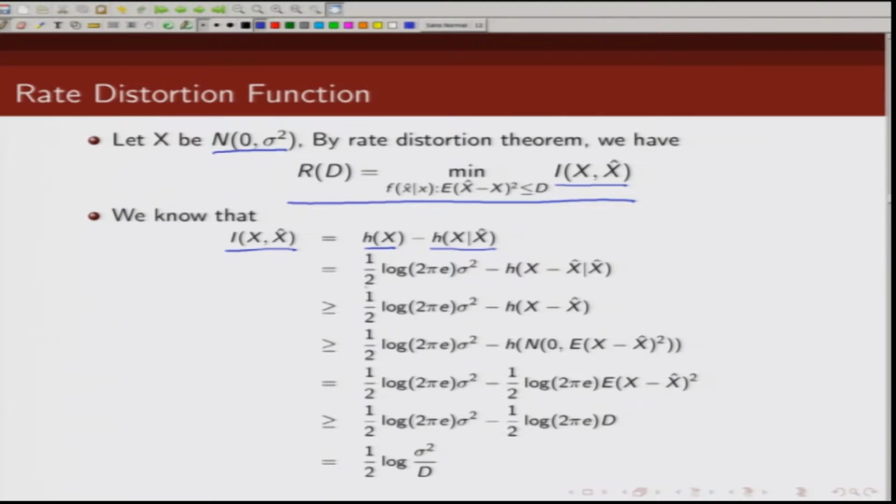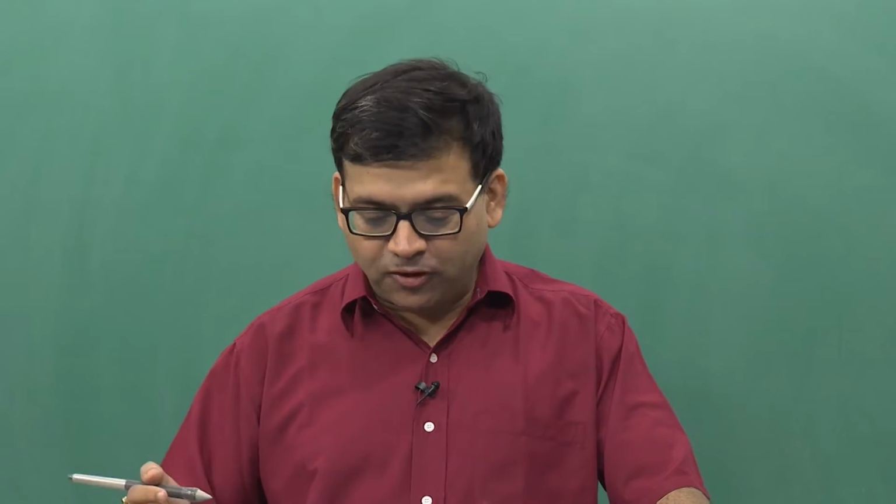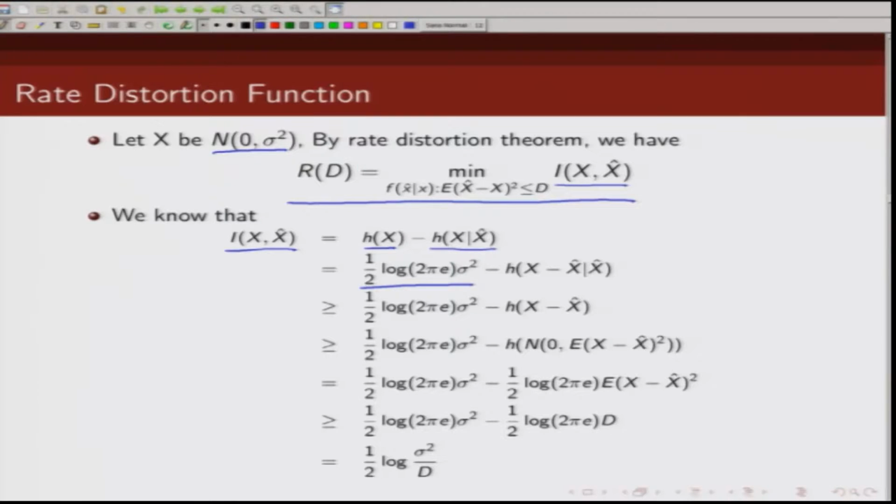So its differential entropy is given by this expression, half log of 2 pi e times sigma square. Now we know that translation does not change differential entropy. So the differential entropy of X given X hat is the same as the differential entropy of X minus X hat given X hat.